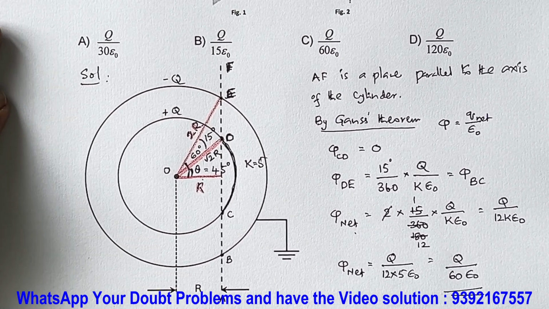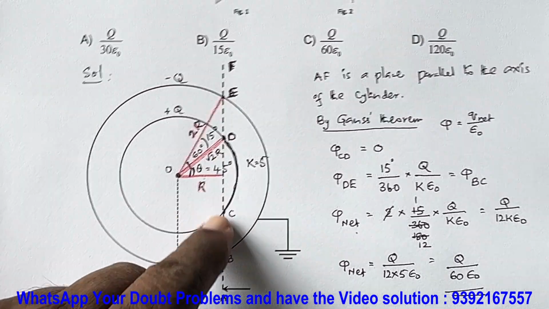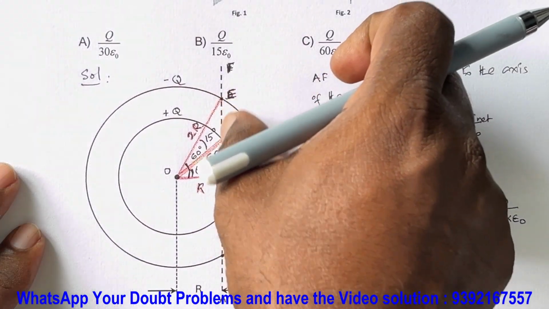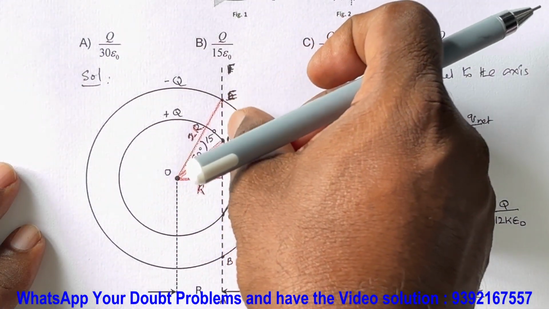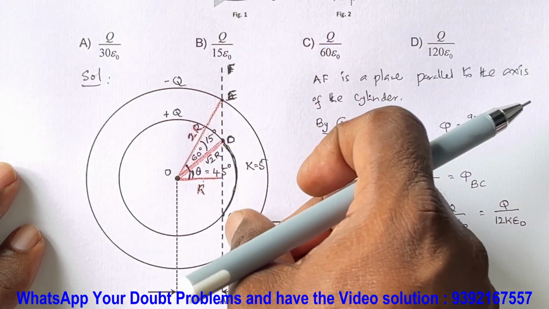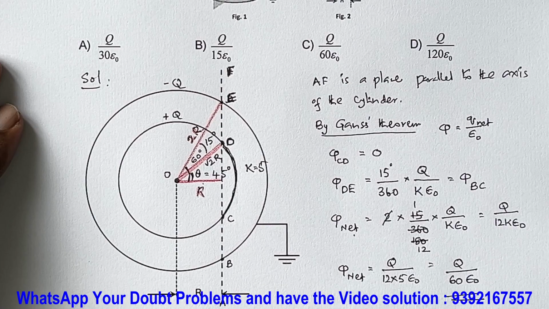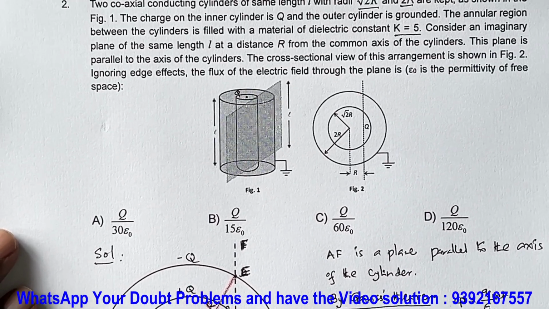That is the electric flux through the plane. This plane is outside the Gaussian surface, while this portion is inside it, and the flux linked with DE is the same as the flux linked with BC.